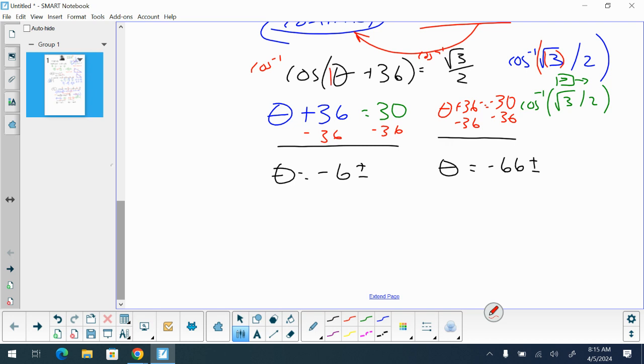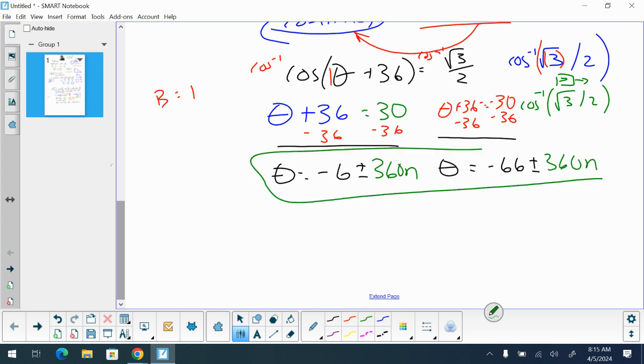Our coefficient of theta is 1. So our b value is 1. So if the b value is 1, what is the period? Chloe? 360. So we have plus or minus 360 n. I will only ask you for the general solutions with these.